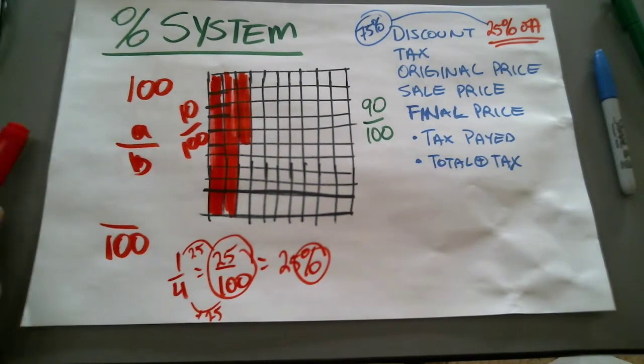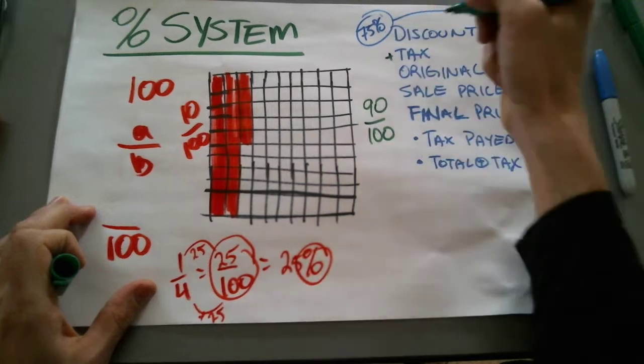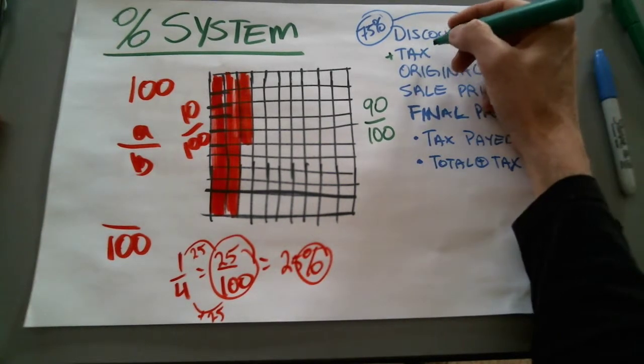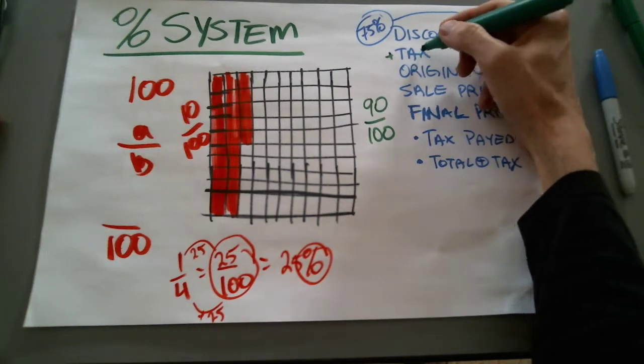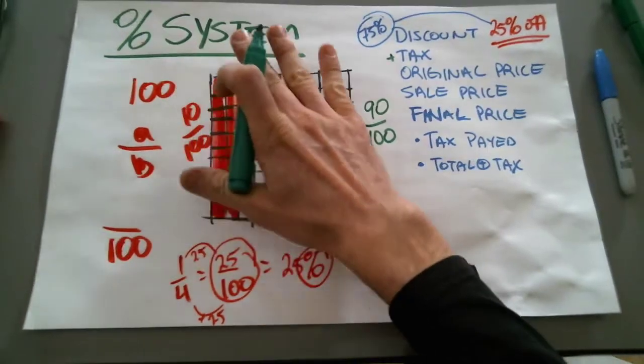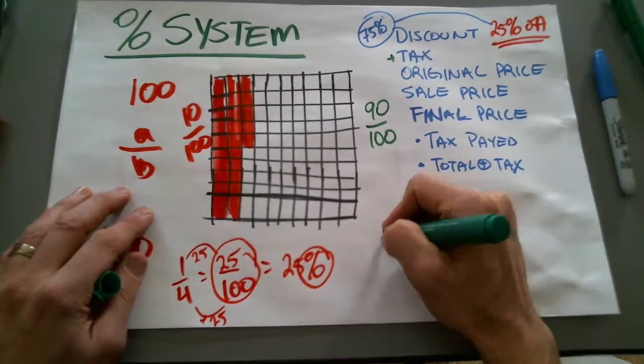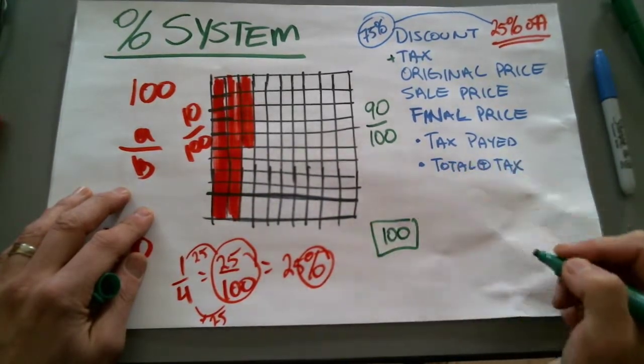Awesome. Now, tax is a completely different scenario. So when I'm dealing with tax, I'm actually adding on to the original price. So in this scenario, 100 would be the entire grid. That's going to represent 100% of the cost.